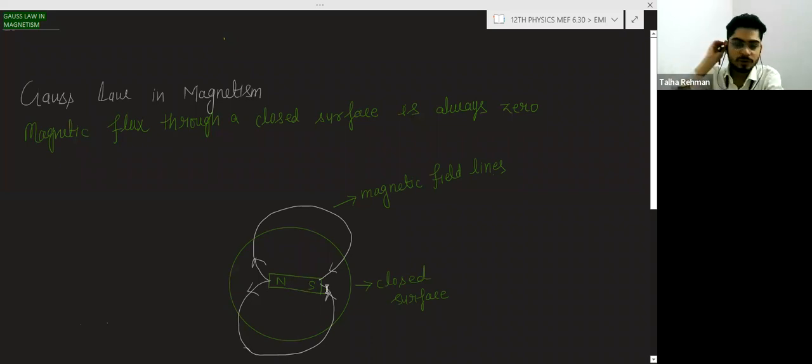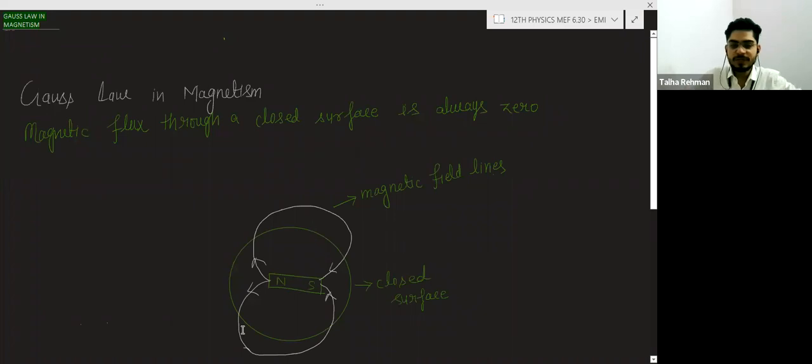Now see the flux here, total flux going out of the surface. This magnetic field line is going out of the surface. Finally, this magnetic field line is coming into the surface, and the same is the case for this magnetic field line.